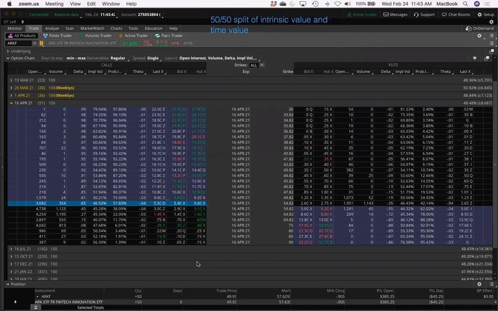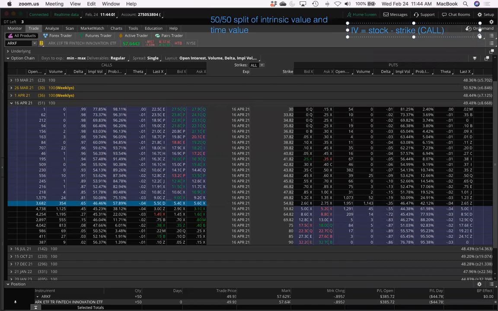And intrinsic value, which we're going to call IV, equals stock minus strike. So stock price minus strike price, and this is for a call.